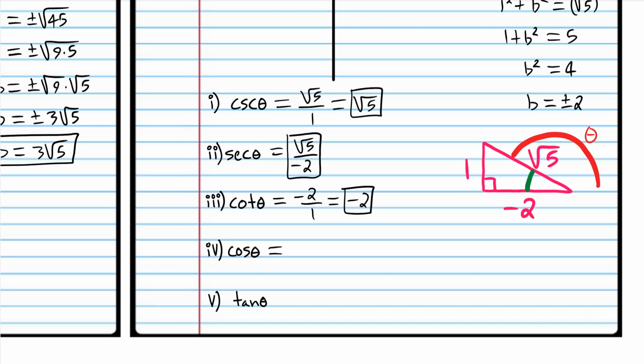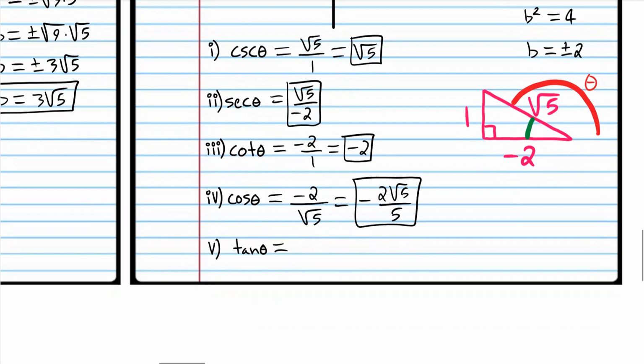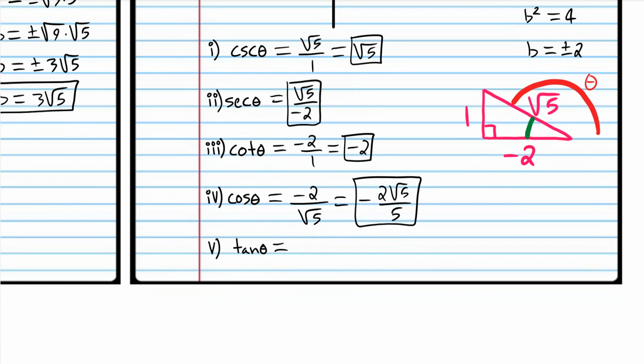Cosine theta is equal to the adjacent side of the green reference angle divided by the hypotenuse. I'm going to multiply both sides by √5 to rationalize the denominator, and tangent theta is defined to be the opposite side of the green reference angle divided by the adjacent side of the green reference angle.